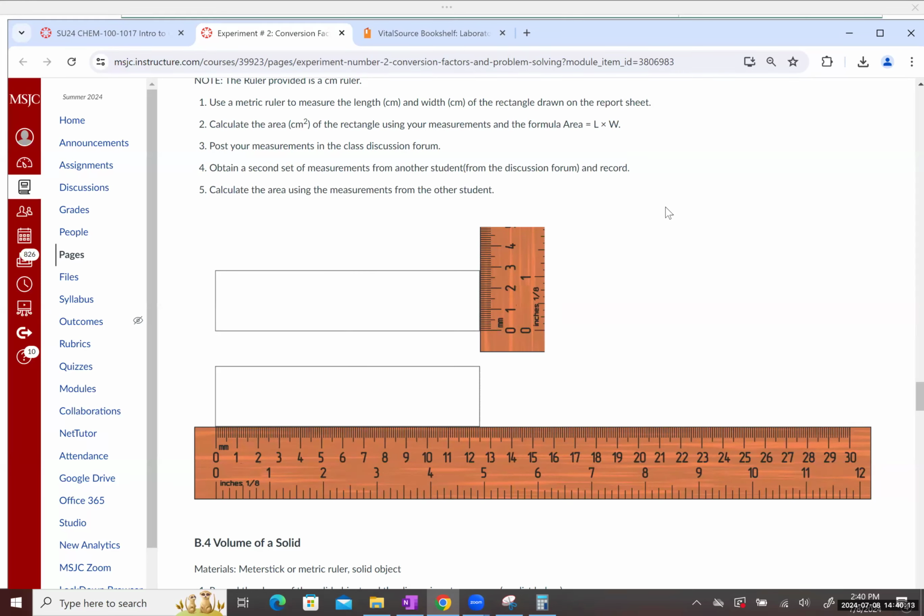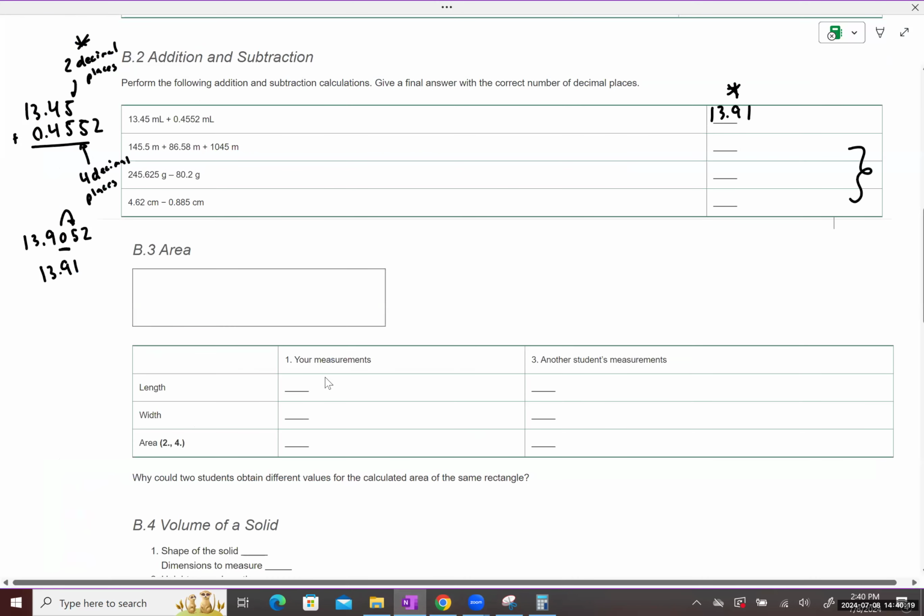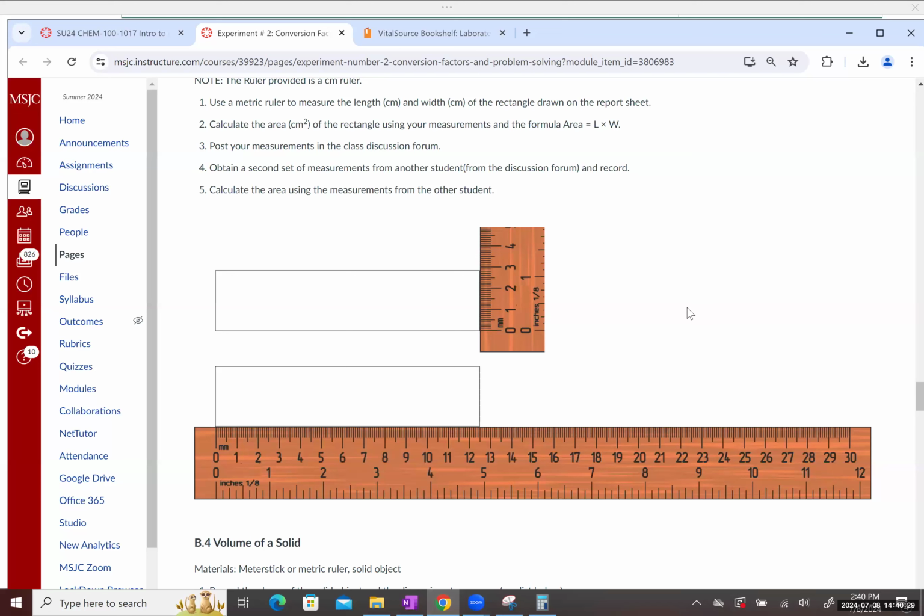So what we're going to do is take some measurements, and we're going to record those measurements onto our lab notebook. So we need to record the length and width, and we can do that. This rectangle is exactly the same in the lab manual and in Canvas. The only thing that's changed is we're just using a virtual ruler rather than a physical ruler.